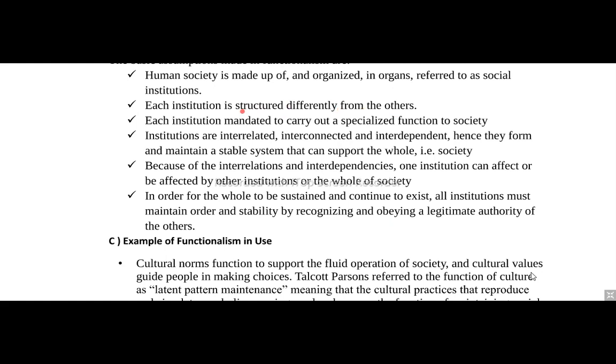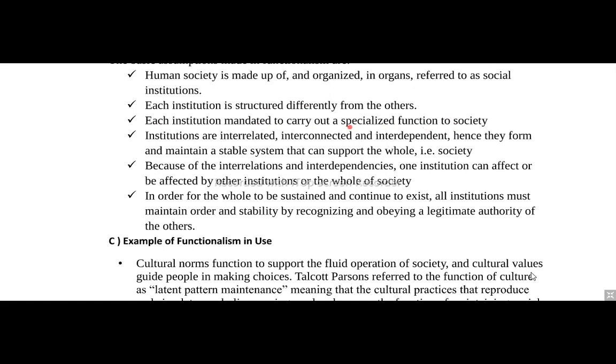Look at the heart. Does the heart look like the lungs? Or the lungs look like the kidney? The kidney like the liver? They are structured differently. The same with the social institutions. The third one, each institution is mandated to carry out a specialized function to society.